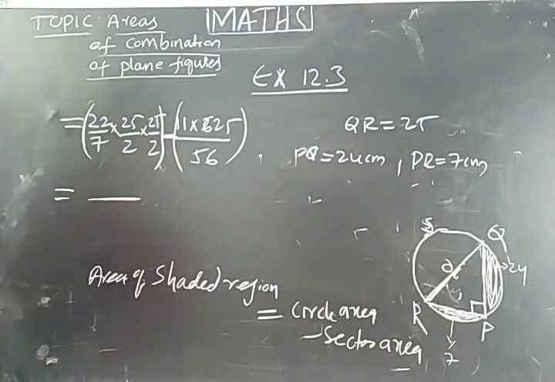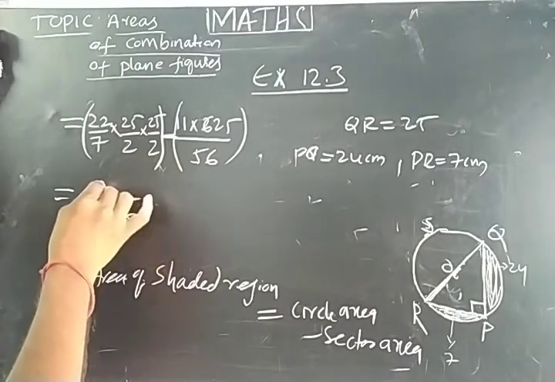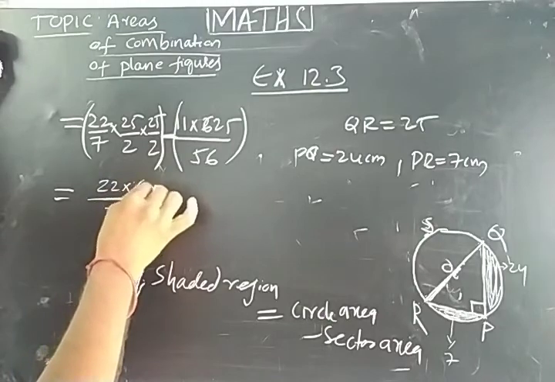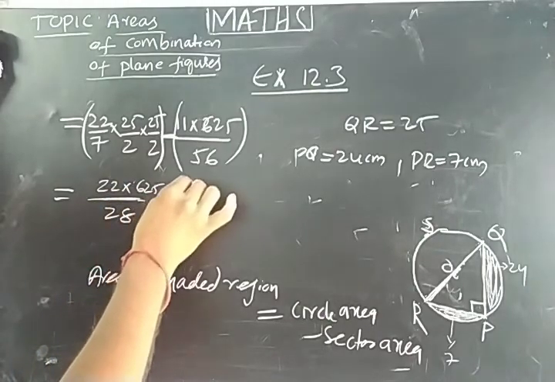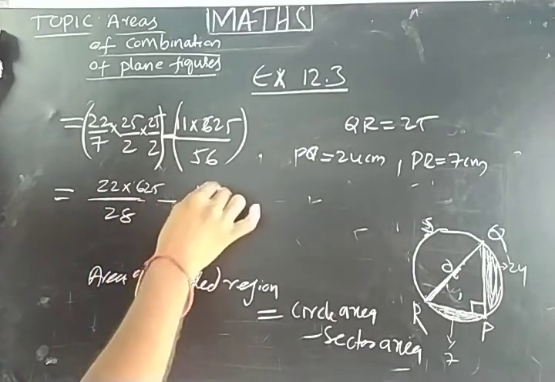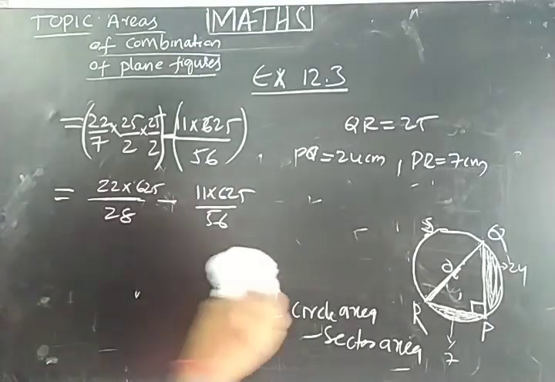Now what is the answer here? 4 sevens are 28, so 22 into 625 over 28, minus 11 into 625 by 56. What is the LCM? LCM is 56.